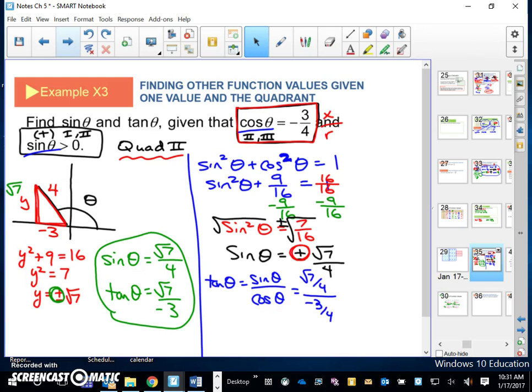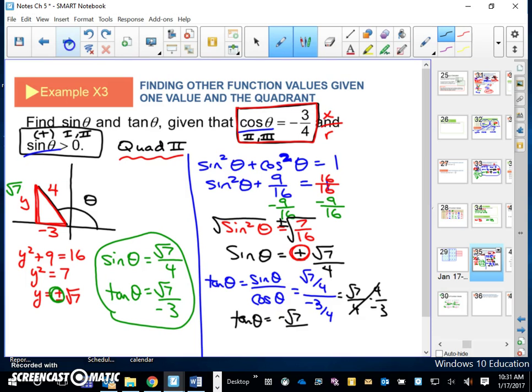If you multiply square root of 7 over 4 times 4 over negative 3, those 4s are going to cancel out, and you're getting tangent theta equals negative square root of 7 over 3. Same answer algebraically as we got geometrically. I think most of you are going to prefer to do it geometrically, but there are always a few that would rather do it algebraically using the identities.